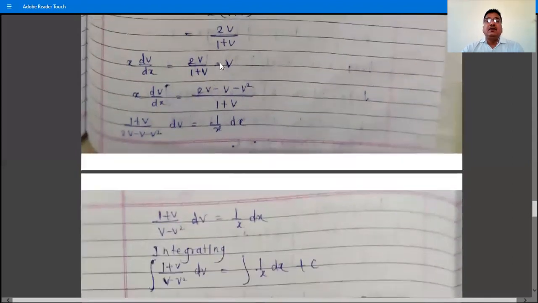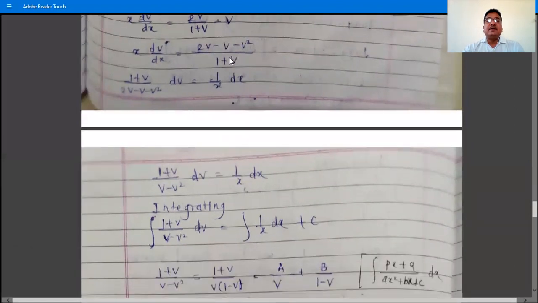And now the subtraction of these two, 1 plus v as LCM, 2v minus v into, in bracket, 1 plus v. So we have 2v minus v minus v square, so it is v minus v square divided by 1 plus v.